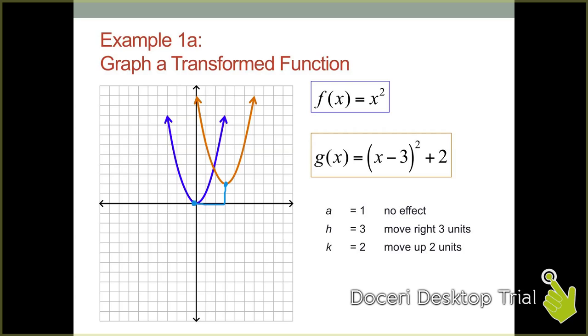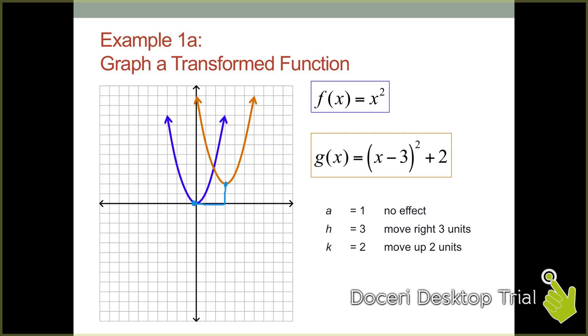That's the easiest point to start with because it's a significant point on this family of graphs. All quadratics have a vertex. The vertex is a significant point, so that's sort of the first point to do your transformations with. And then you can put in the rest of your points from that.